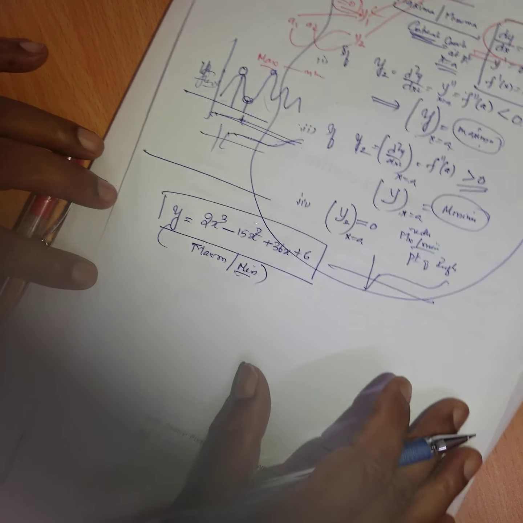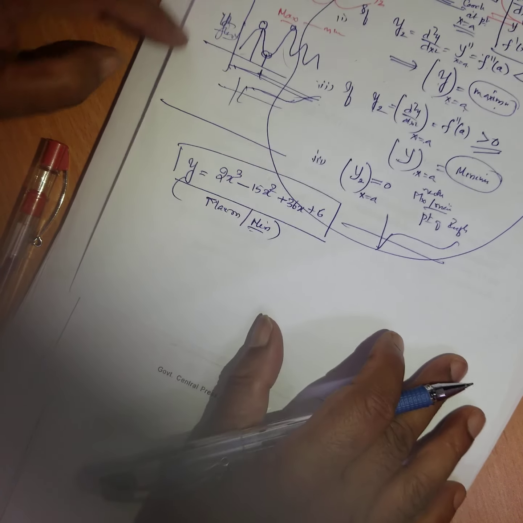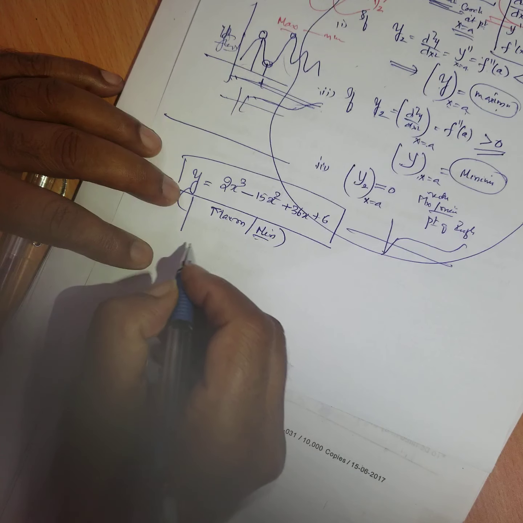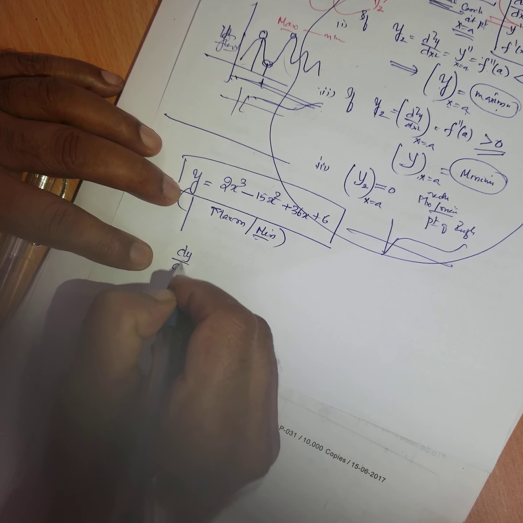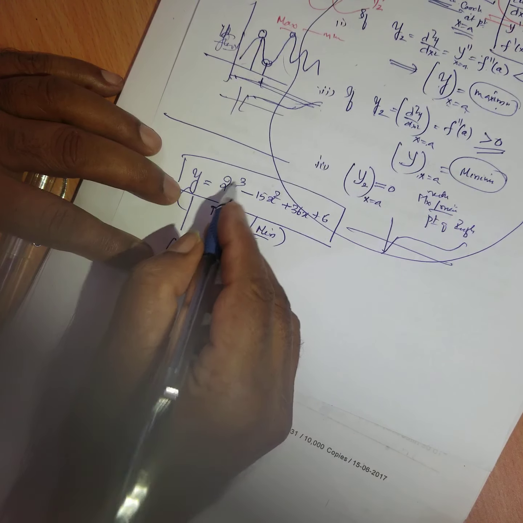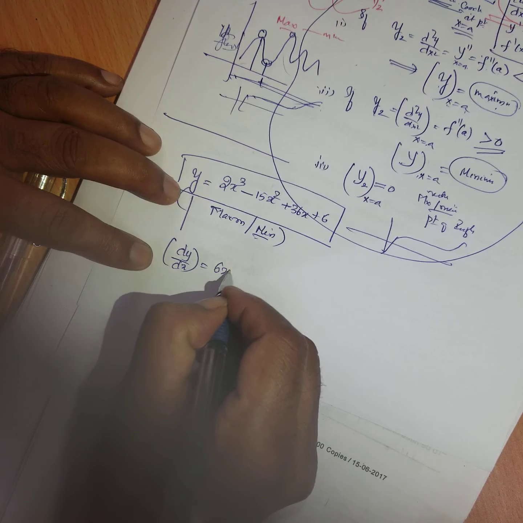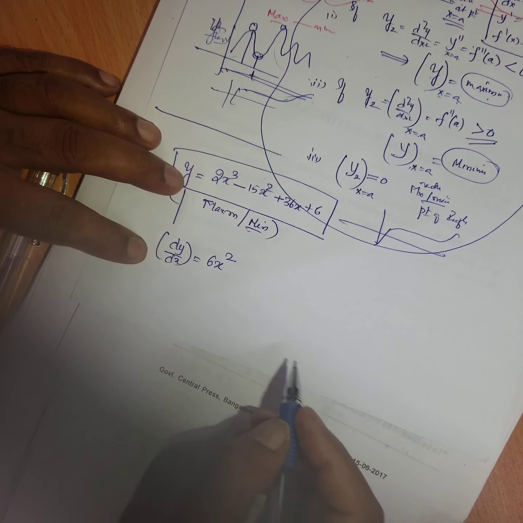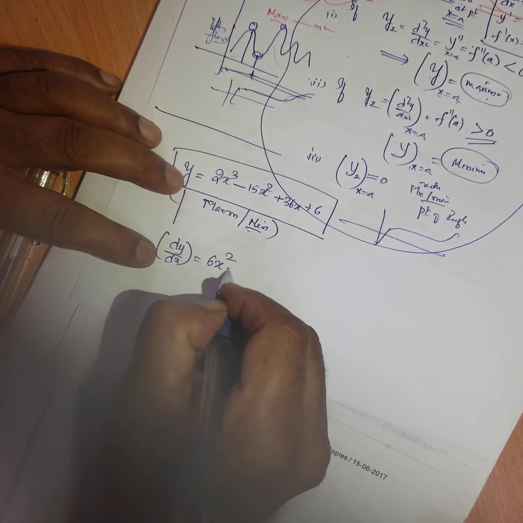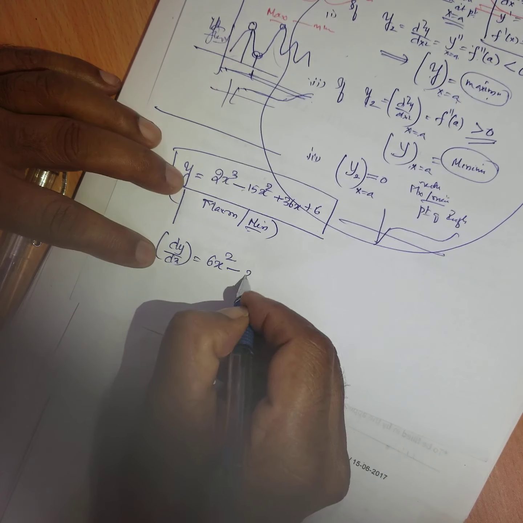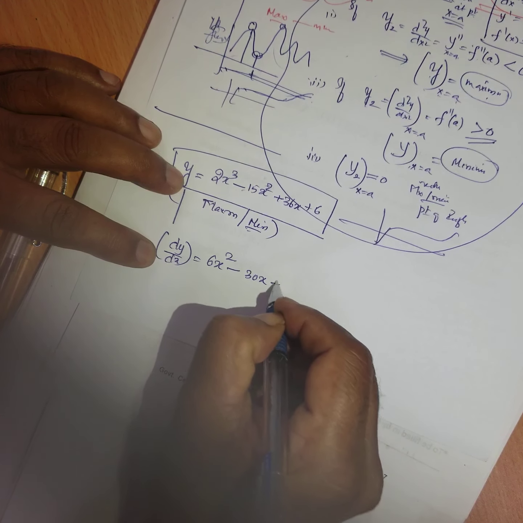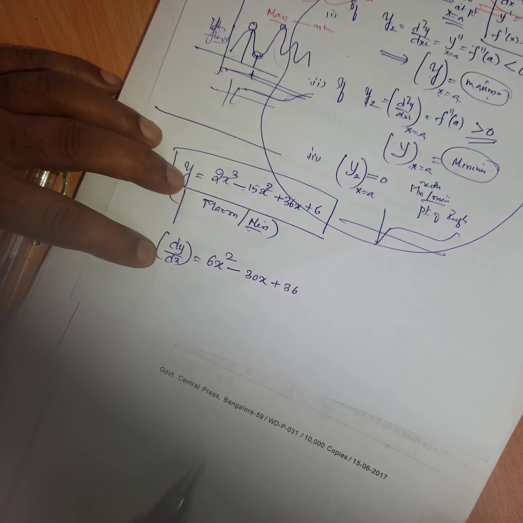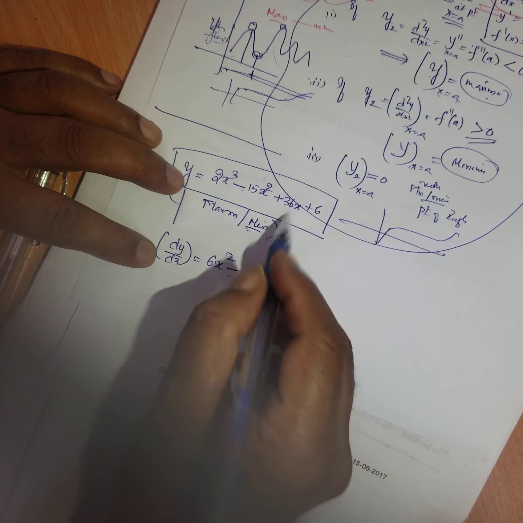How to start? Y is equal to this, therefore dy over dx: differentiate. 2 threes are 6x square minus 30x plus 36. You know how to differentiate? The derivative of 6 is 0.